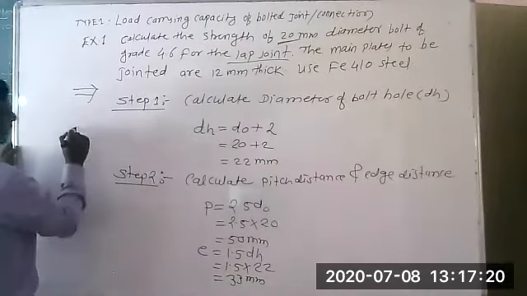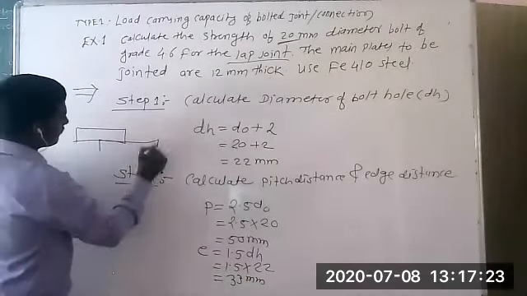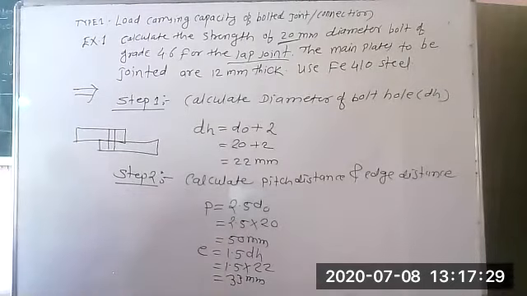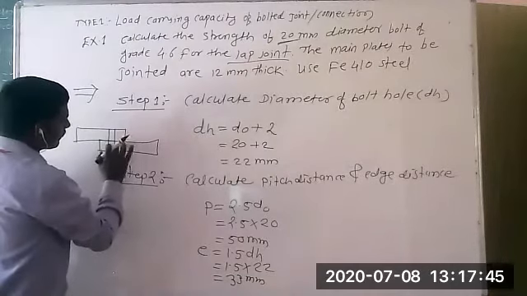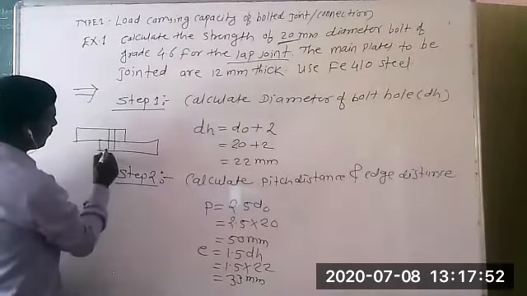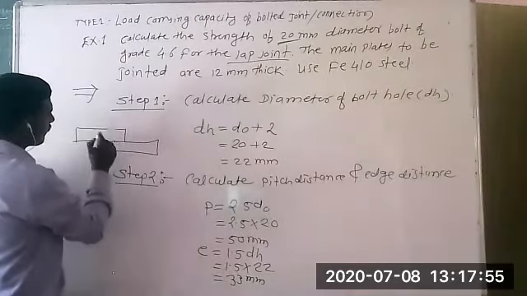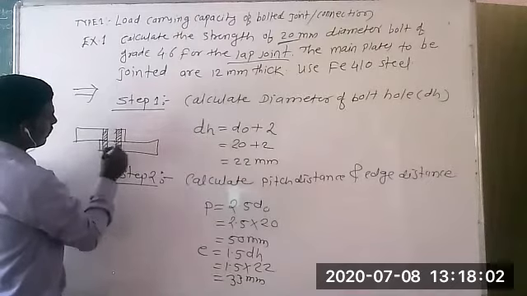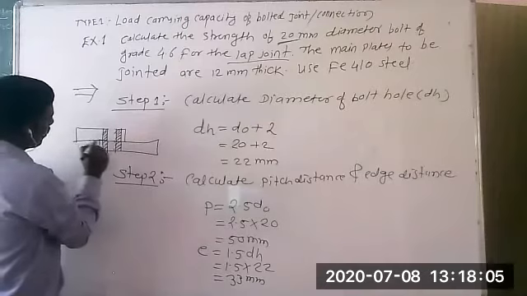For the lap joint here, they have not mentioned how many rows and how many bolts, so we can provide two rows, sorry, two bolts in one row.